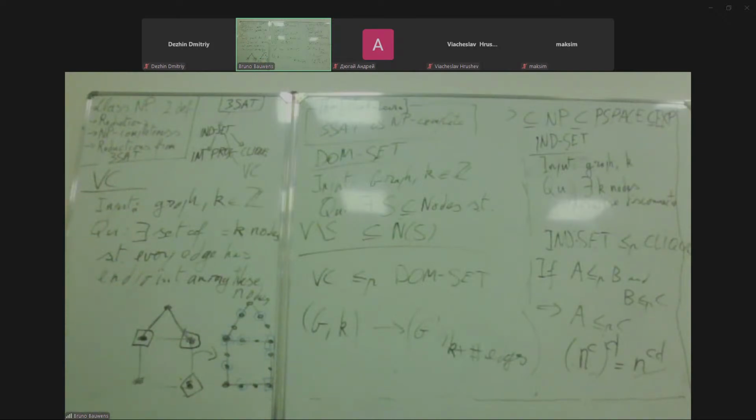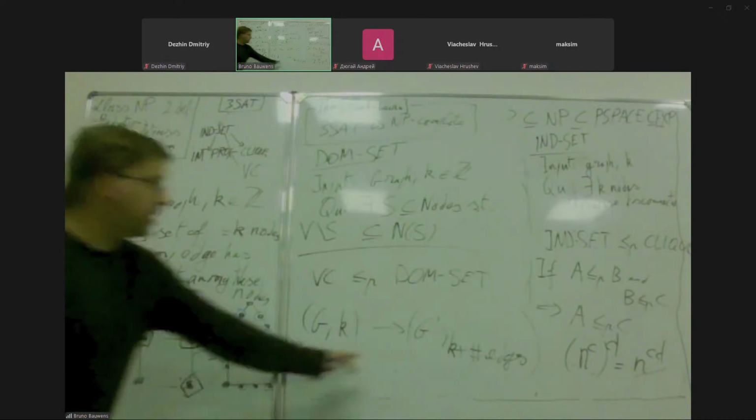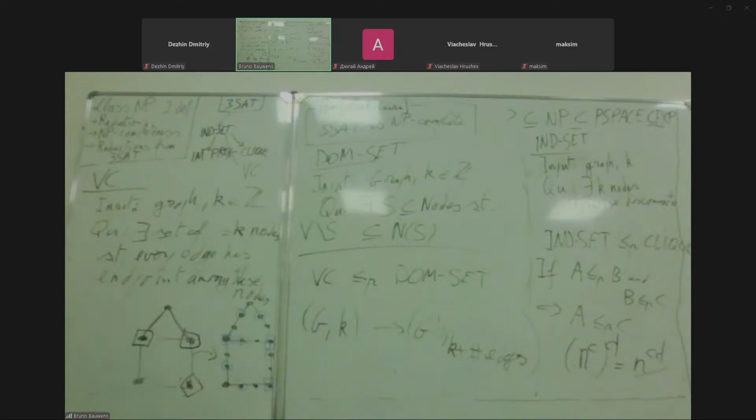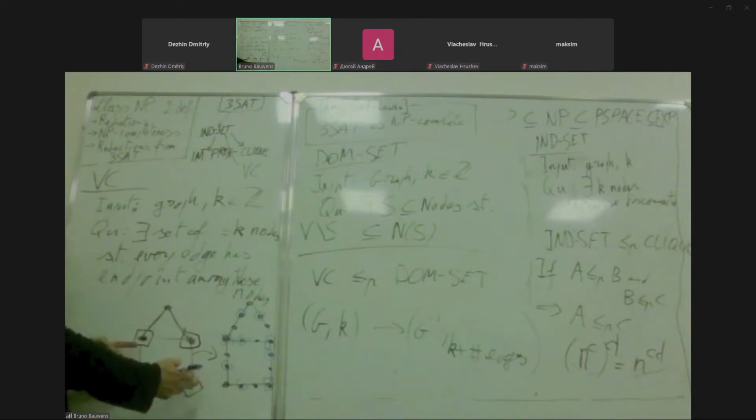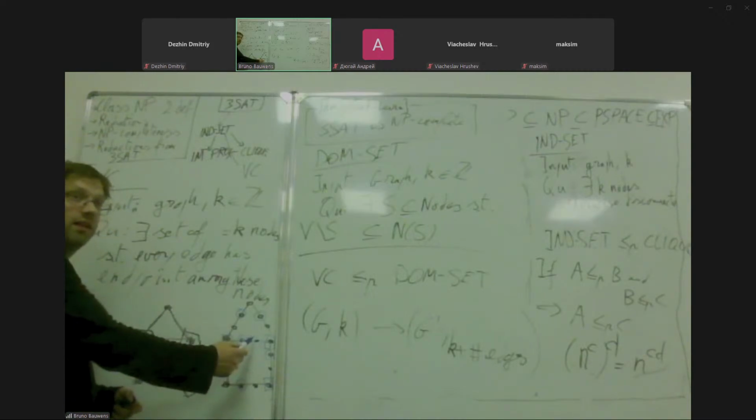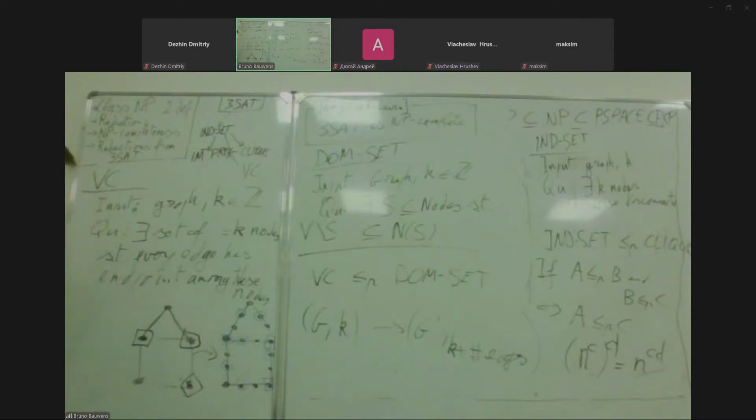So the claim is that this is a dominating set of size at most k plus the number of edges. By construction, we chose the k nodes that are in the vertex cover, and we added one for each edge. That's clear. And it's a dominating set because each neighbor in the edge is selected.